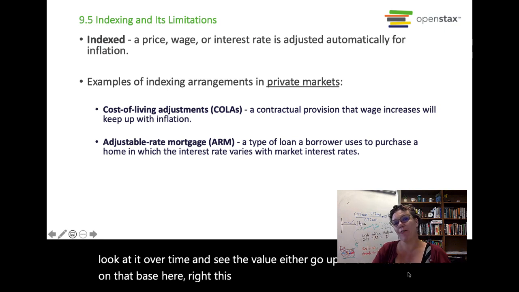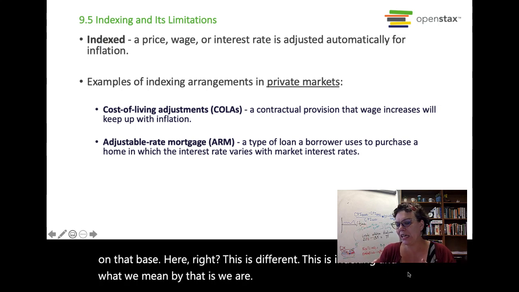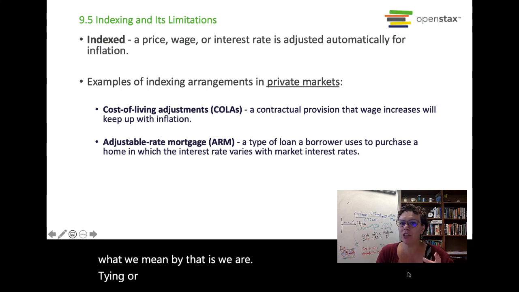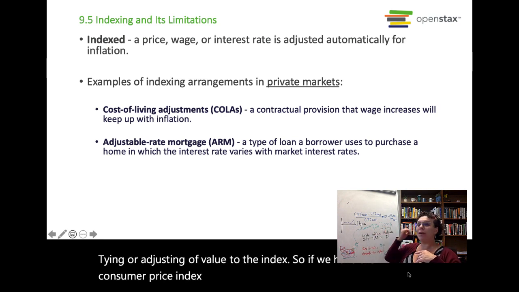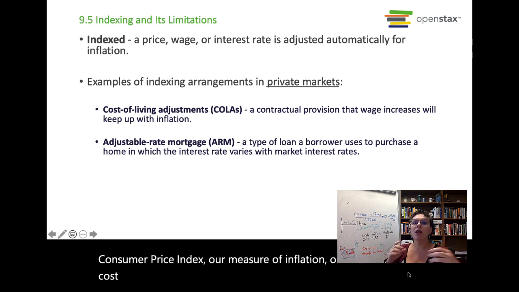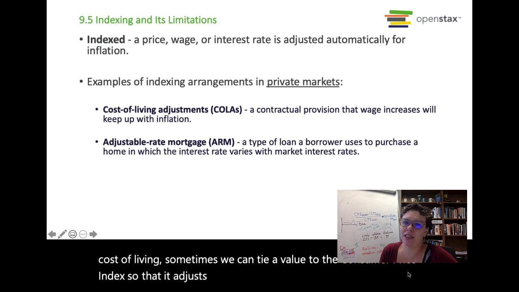This is different. This is indexing. And what we mean by that is we are tying or adjusting a value to the index. So if we have the consumer price index, our measure of inflation, our measure of cost of living, sometimes we can tie a value to the consumer price index so that it adjusts automatically.